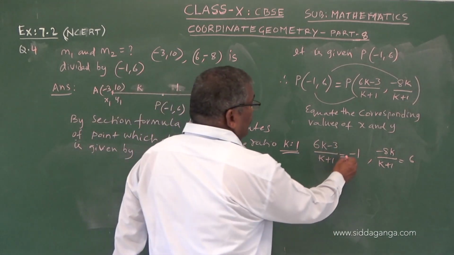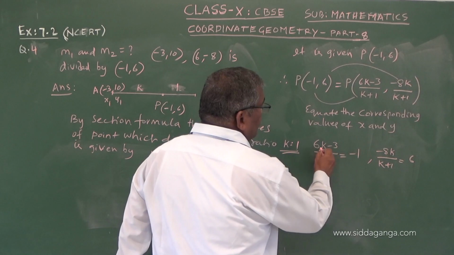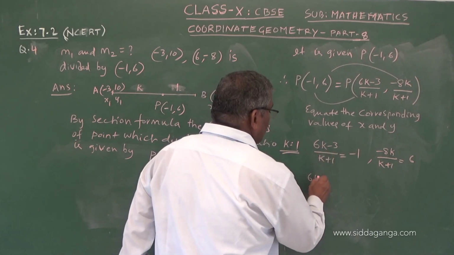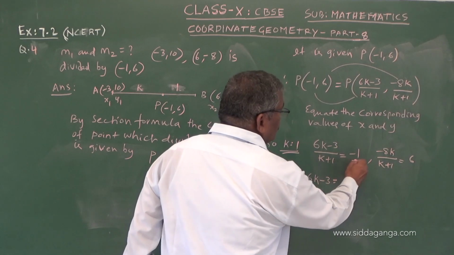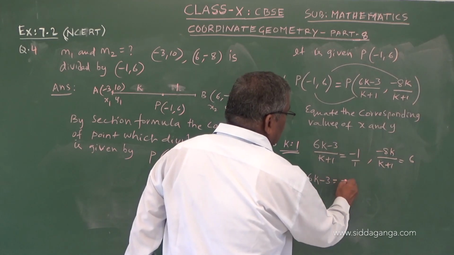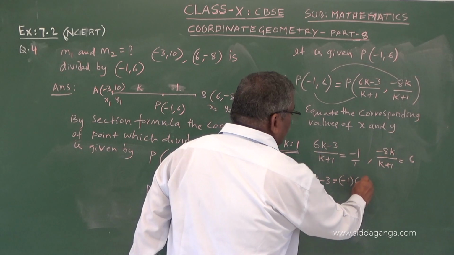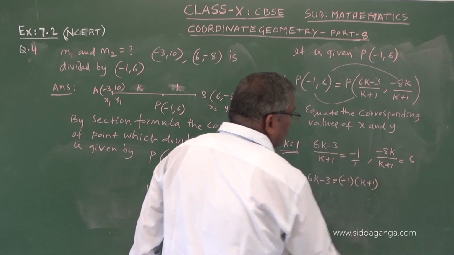So you take up this equation now, 6k minus 3 equals, you cross multiply, this is -1 into k plus 1.